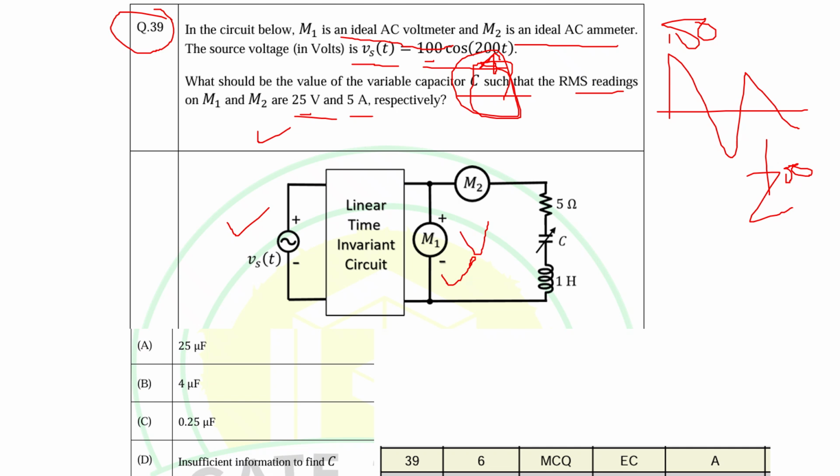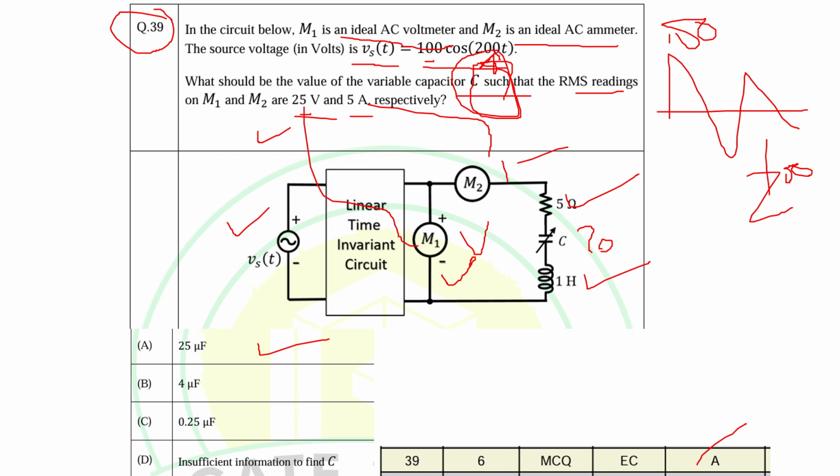And the current you can measure here, that also has been given, that is 5 A. Also resistance is given, that is 5 ohm, and inductance, that is 1 Henry, and the capacitance is the question. As per the answer key, option A is correct, meaning the value of the capacitance must be 25 microfarad. So this is the question.